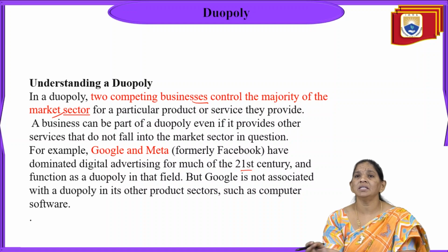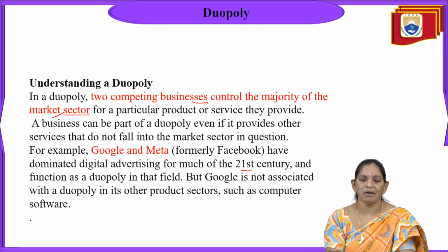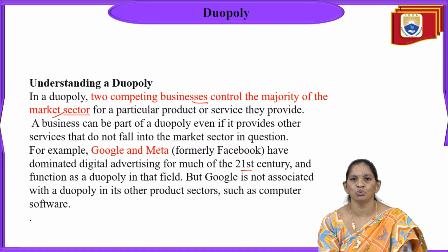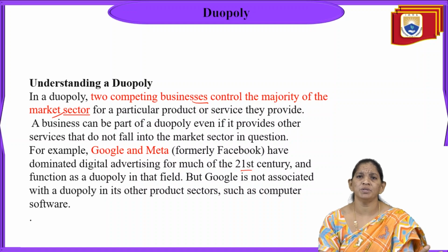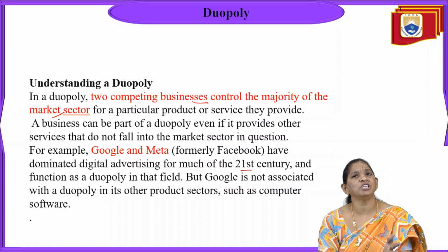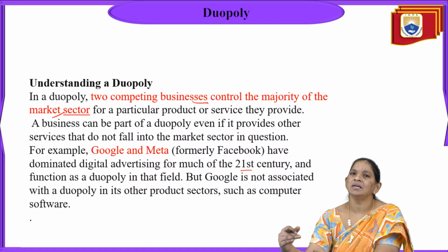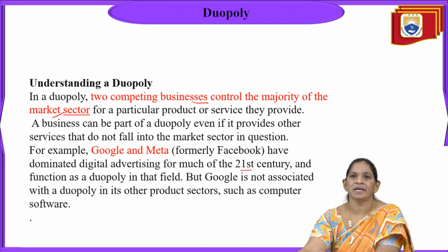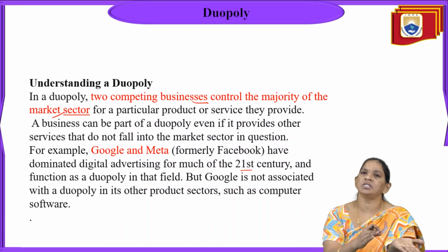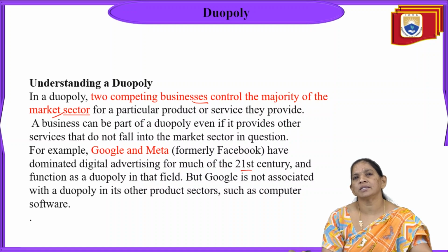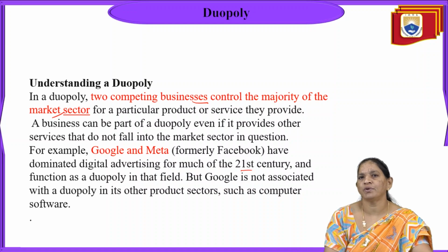But when we see Google, maybe it comes under duopoly also, but it has other products too, such as computer software and others. So Google is engaged in other types of business. It doesn't mean it does not compete in the duopoly. In the duopoly sector, it gave us Facebook or digital advertisement, and itself is associated with other types of products such as computer software, hardware and other production sectors.